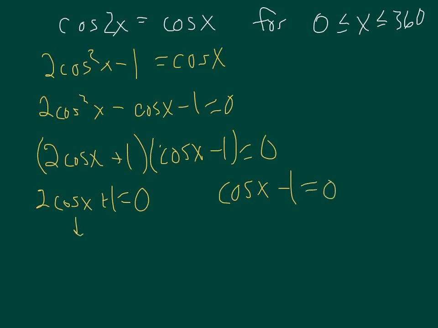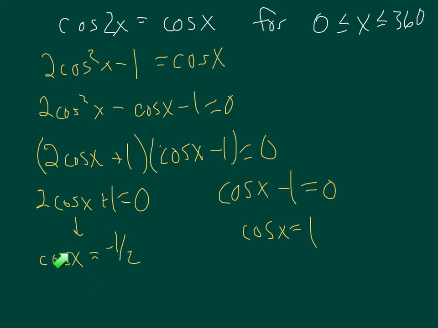We can do a little bit of algebra here, and we know that cosine x is negative 1/2. And the nice thing is that's from our unit circle. We add 1 to the other factor, we get cosine x equals 1, and that's also from the unit circle. So what are the angles where the cosine of x is equal to negative 1/2?